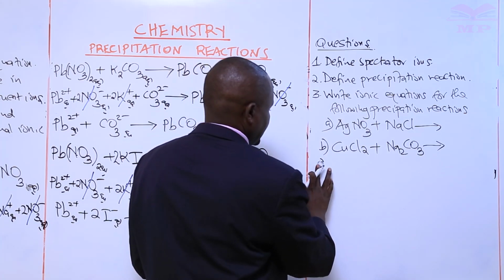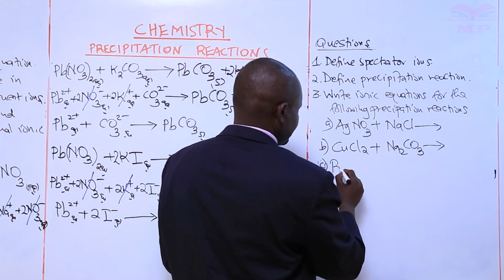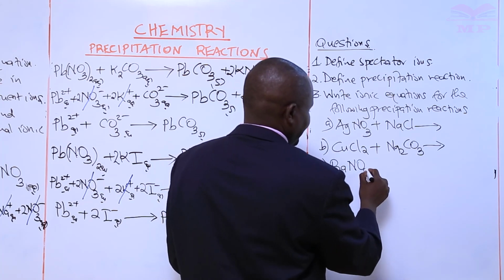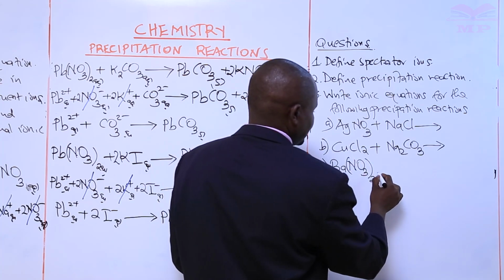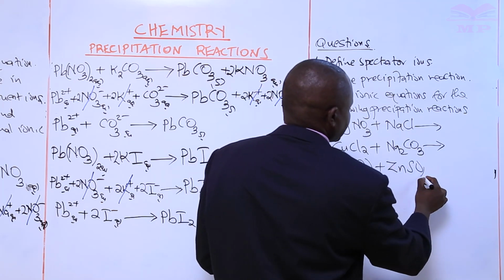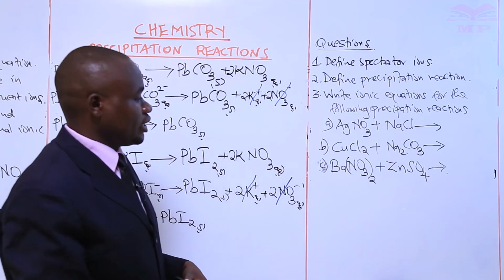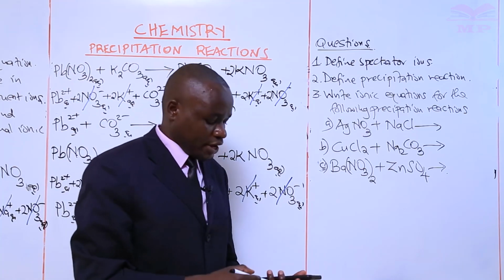Our last question, which I want you to try, is the reaction between barium nitrate reacting with zinc sulfate. That is still another example of a precipitation reaction.